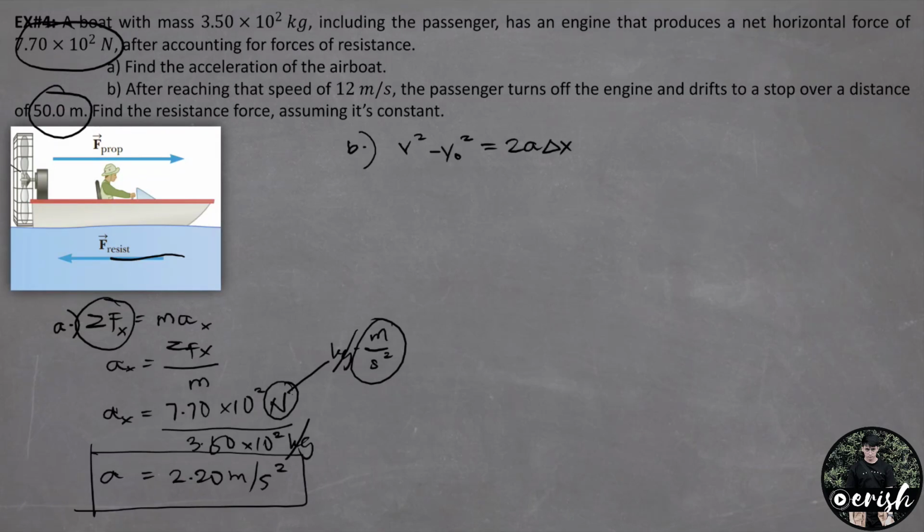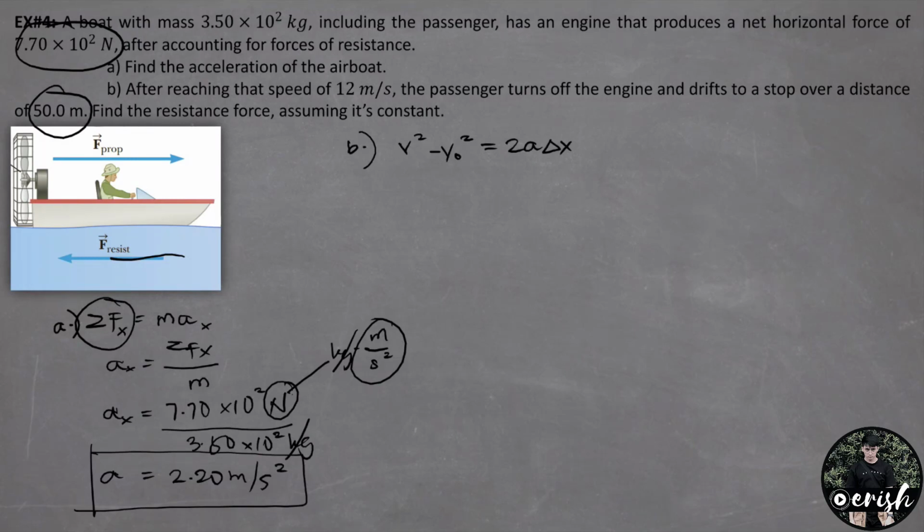And meron tayong given na speed na 12 meters per second. Yung 12 meters per second na yan is the initial speed nung boat natin. Kasi sa letter B, after reaching the speed of 12 meters per second, panibagong motion na siya ulit. Siya na yung naging starting velocity.